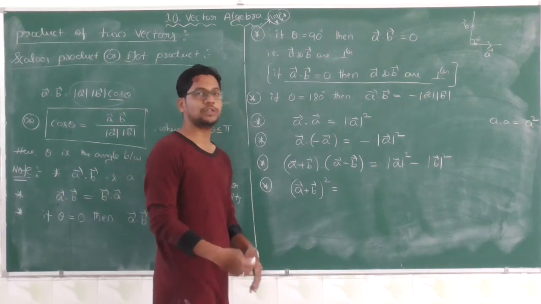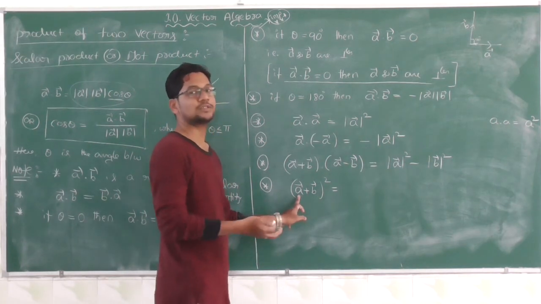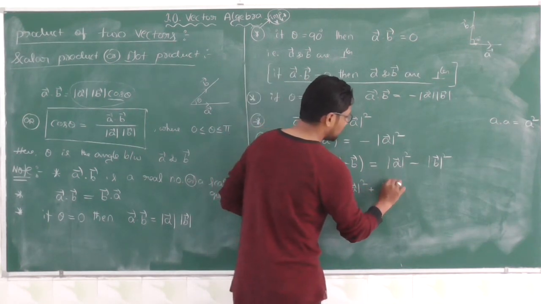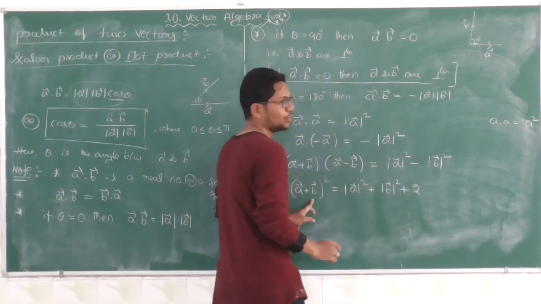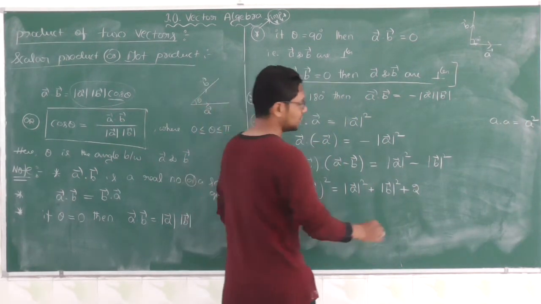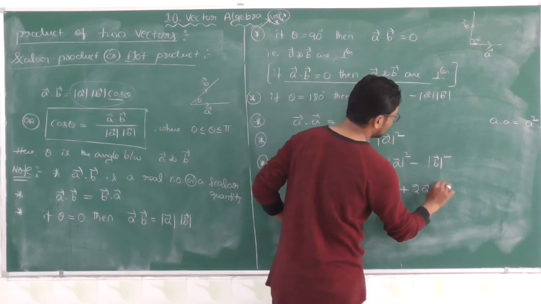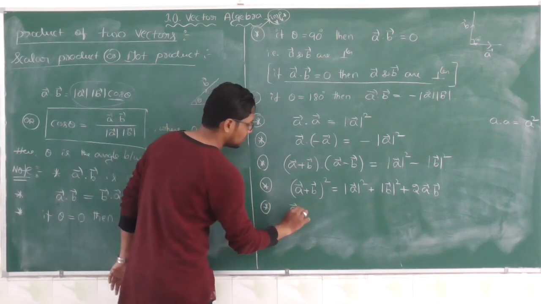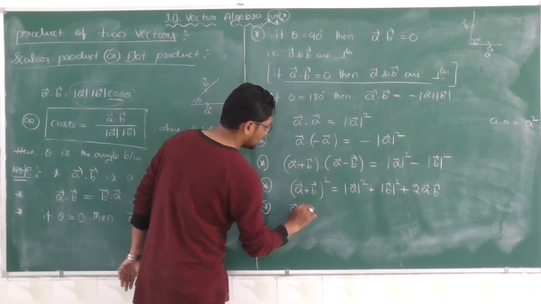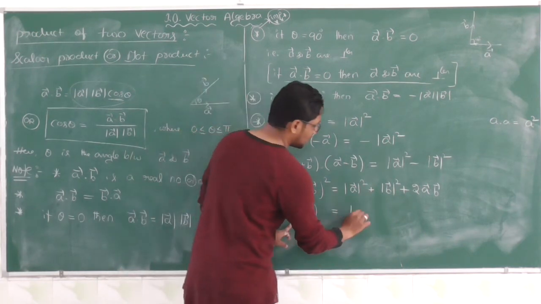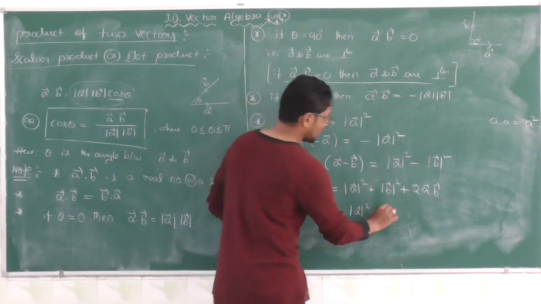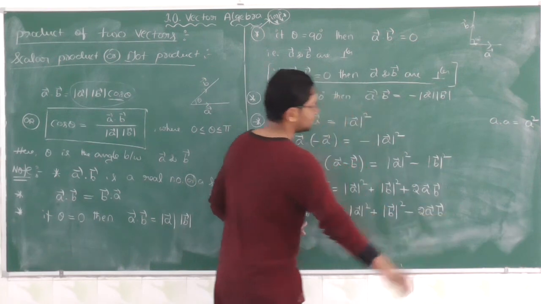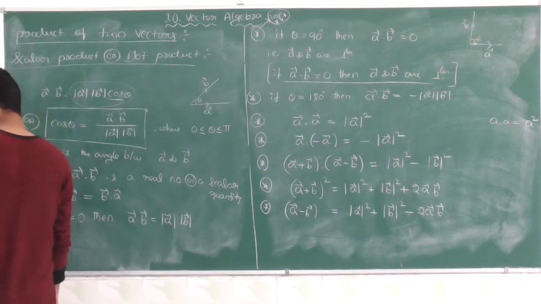Like that, here we will write magnitude of A square plus magnitude of B square plus 2 into A dot B. A dot B is not magnitude of A, magnitude of B, it is only A dot B. Next, similarly, A minus B whole square equals magnitude of A square plus magnitude of B square minus 2 A dot B. Okay.